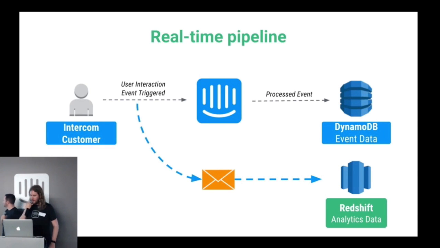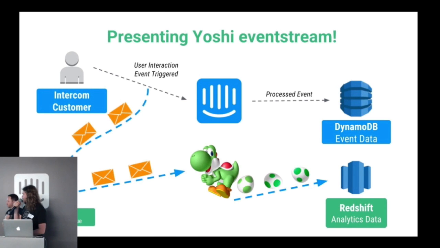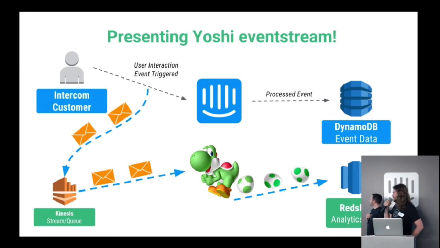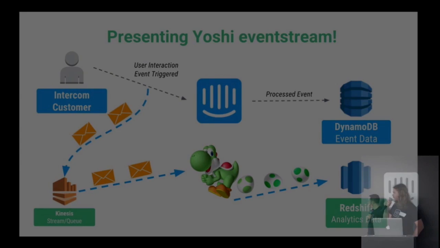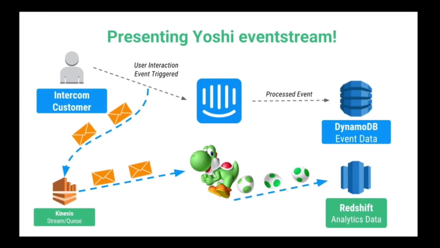So this is our more detailed slide, I suppose. We intercept it, we put it onto a so-called stream. And this nice dinosaur here, he consumes them and performs some minor validation and cleaning and those kinds of housekeeping tasks, right? And it gets ingested into Redshift.